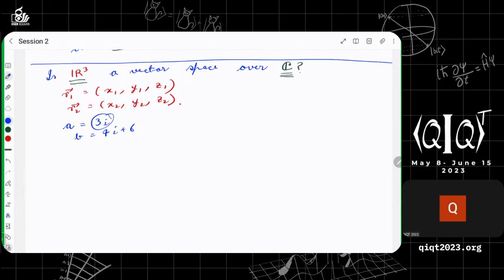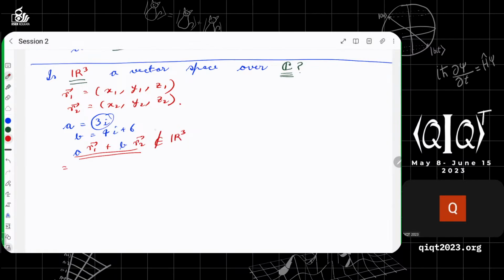So if I try to find a R1 vector plus b R2 vector, then this entire thing will now become a complex vector. Or rather, it would be something like C3, but it will not be a part of the real space because the individual elements will no longer remain real.